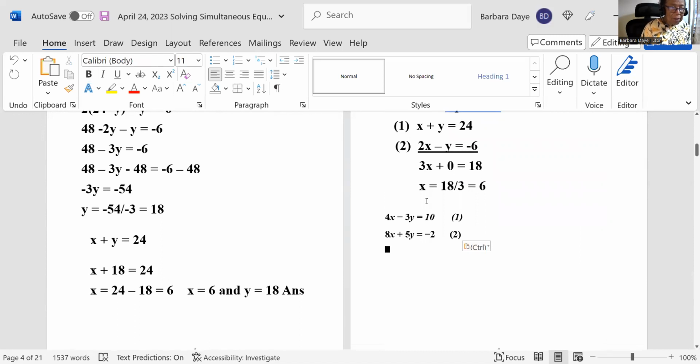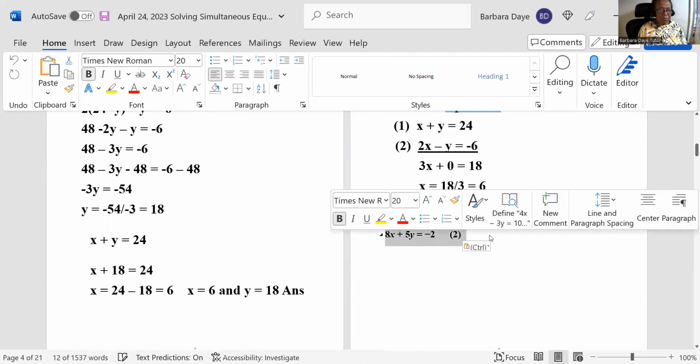Now, you have two equations: 4x minus 3y equals 10, and 8x plus 5y equals minus 2. This is one where you can use elimination. Let's make that bigger.